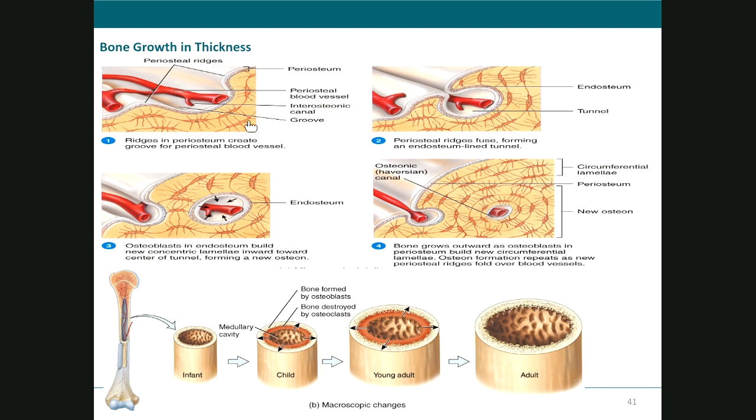What happens is the periosteum fuses together and osteoblastic activity occurs, building new concentric laminae, allowing the growth to occur in width. So you can see here an infant long bone, and through this process we can thicken the bone and grow in width.